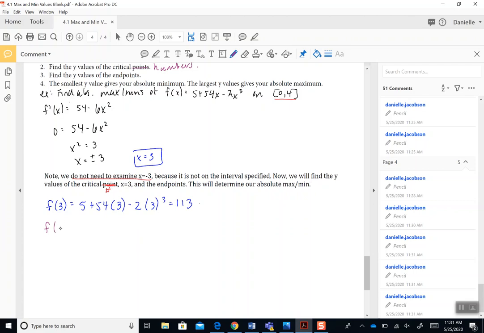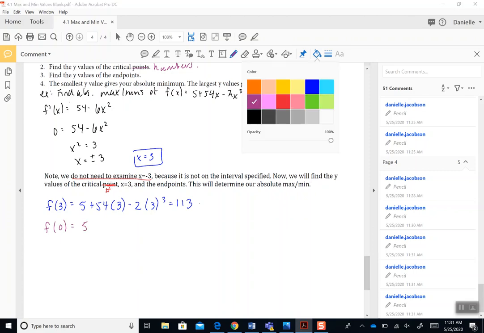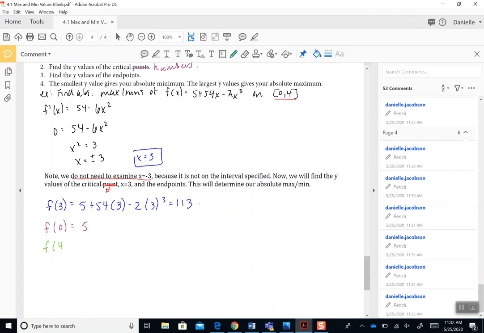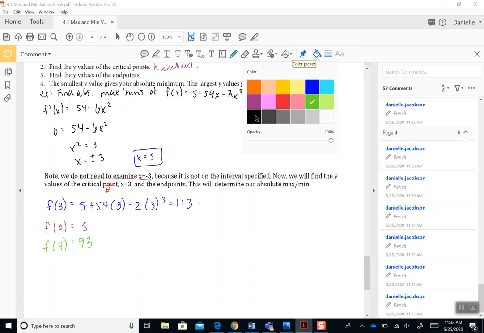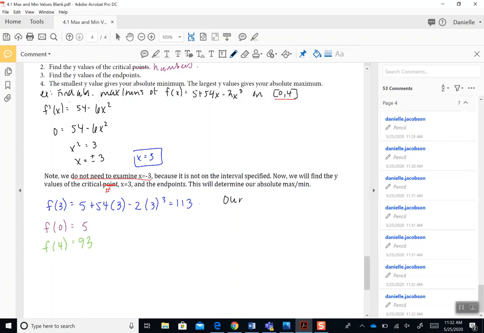All right, so I'm going to plug in 0. If I plug in 0 to the function like I just did, my y value is 5, and finally I need to plug in the 4. If I plug 4 in, I would get the y value of 93. Okay, so this tells me that on this interval, our absolute max is at x equals 3, or you could say y equals 113.